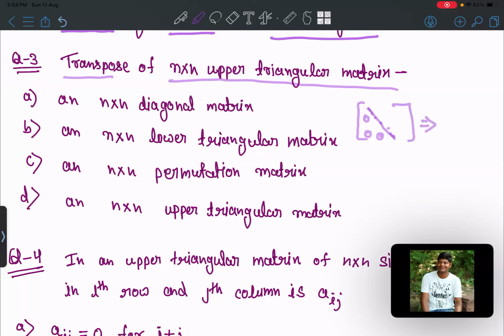If I take its transpose, its rows will become columns and columns will become rows, so it will transform into a lower triangular matrix.